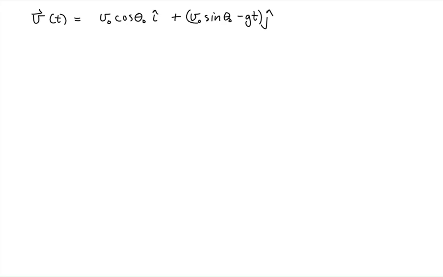Now let's look at these components individually. The x component of velocity we see as a constant, and the y component of velocity varies as a function of time.